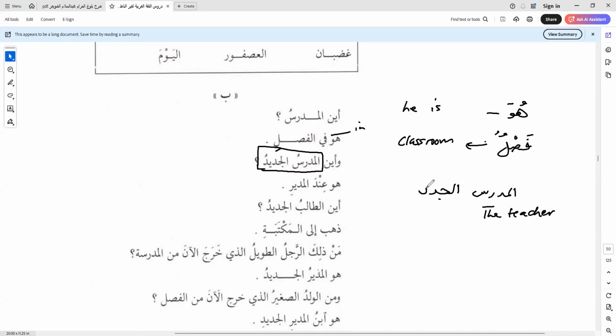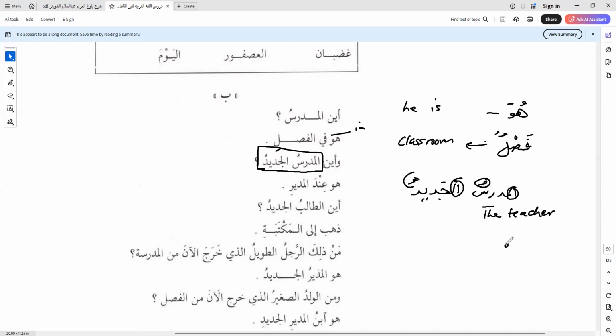Because the teacher is definite, then the adjective too must be definite. So we say المدرس الجديد. So there's an agreement here. Al, al. Very, very important.